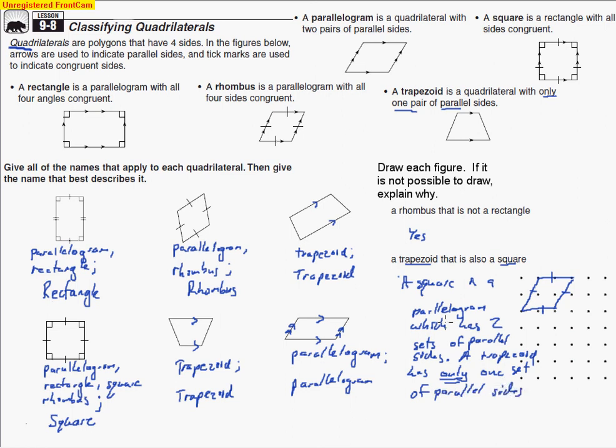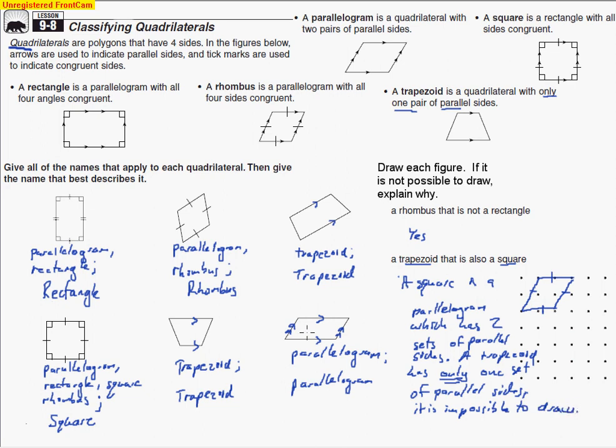So what we would say is, since a square is a parallelogram which has two sets of parallel sides, and a trapezoid has only one set of parallel sides, it is impossible to draw. So there it is.